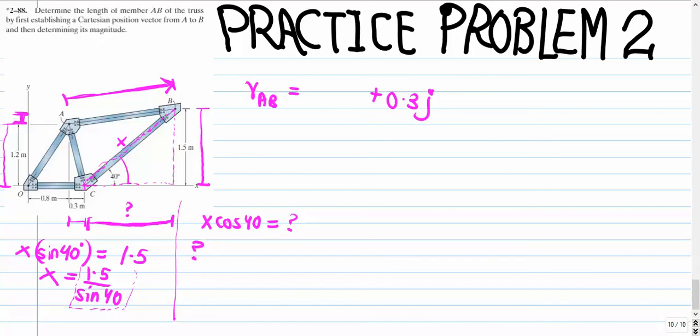In other words, the unknown length is equal to x, which is 1.5 divided by sine 40 degrees, multiplied by cos of 40.